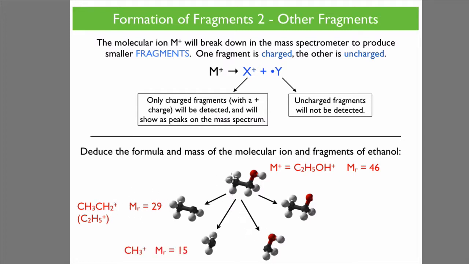Another possible fragment is just the methyl group here, positive charge. You could have the CH2OH+, that's going to have a molecular mass of 31. And here you've got CH3CH2O. You just lost one proton, haven't you? And that would have a molecular mass one less than the original, of 45.